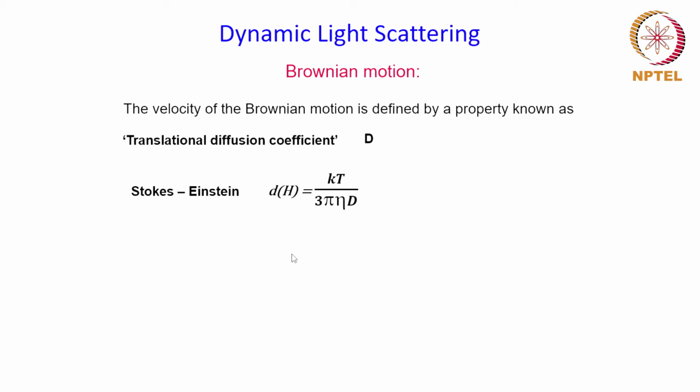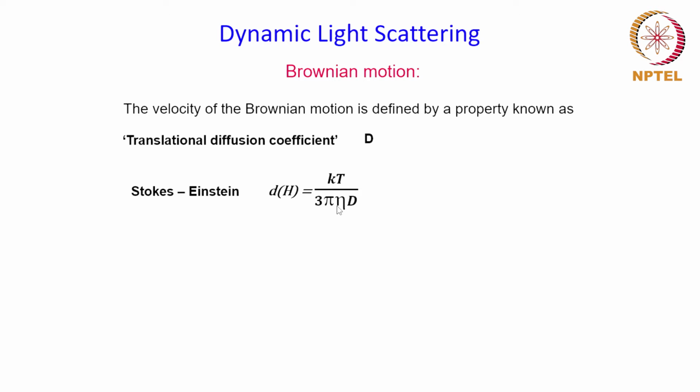So that is what the dynamic light scattering technique does in terms of measuring those intensity fluctuations which contain the time scale information of this motion, and from that the diffusional coefficient can be obtained and used in this Stokes-Einstein equation, and the particle size can be derived from that.